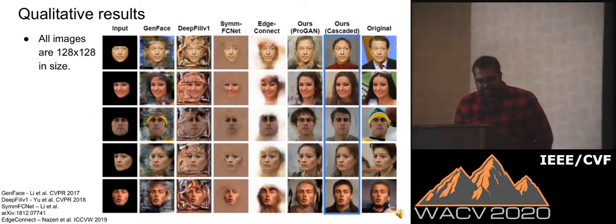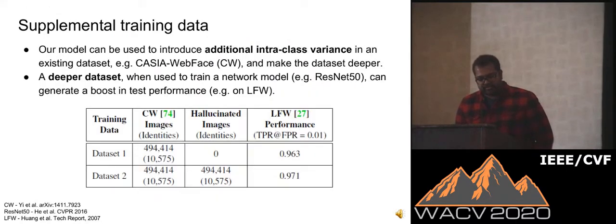As you can see from the results, our model generates much more realistic looking results compared to other in-painting algorithms when taken off the shelf. And as discussed before, we have shown that using our model as a supplemental training data generator can boost the performance of a deep network model for face verification. Here we are improving the performance of the ResNet 50 model.